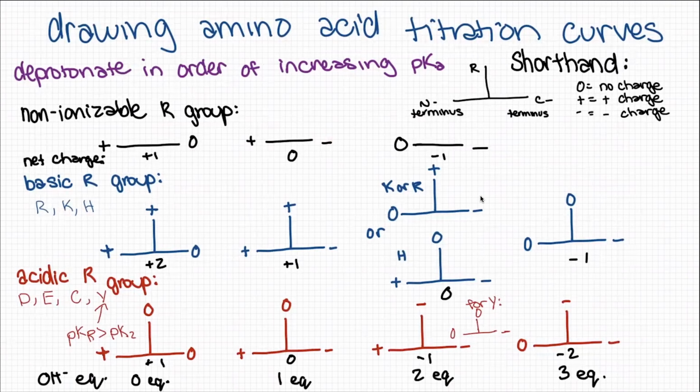So our NH3 groups are going to go from positive to neutral, and our COOH groups are going to go from neutral to negatively charged. In the case of our non-ionizable R groups, we're going to look something like this, where we deprotonate our C-terminus, then we deprotonate our N-terminus.